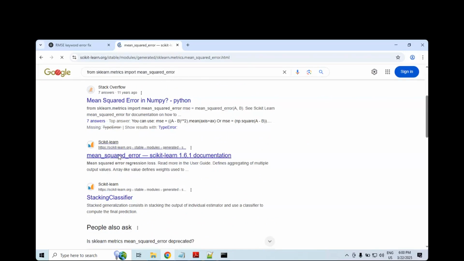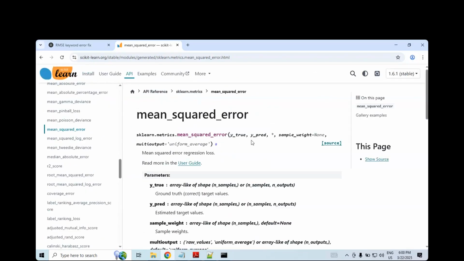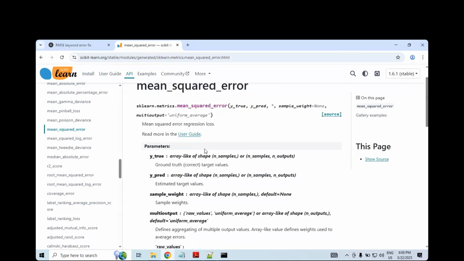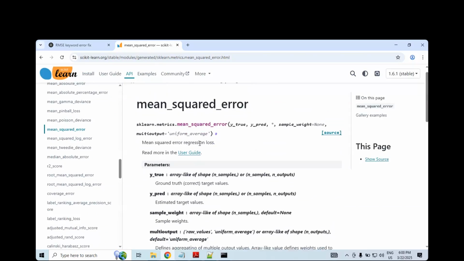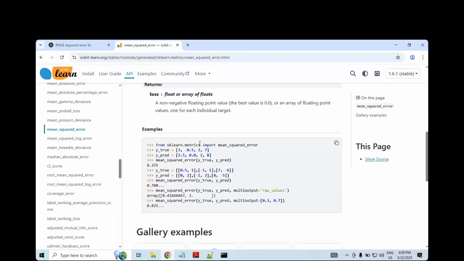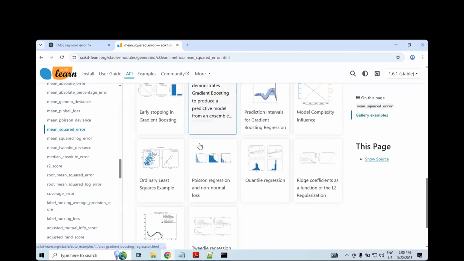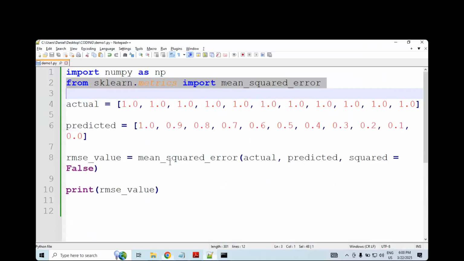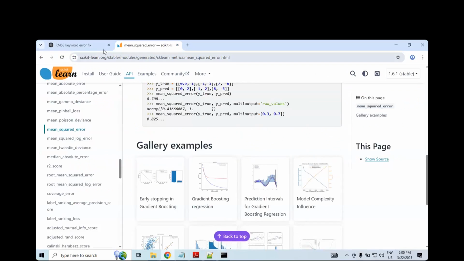Okay, you can go to the documentation directly. y_true, y_pred, sample_weight none. Sir, they have removed that keyword argument. Otherwise, here it should be displayed. Anyway, there is only one way as of now. That way is, you can go for NumPy. Then in one minute you can ask.